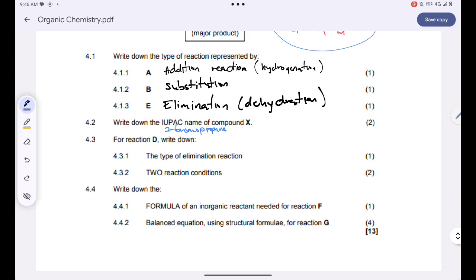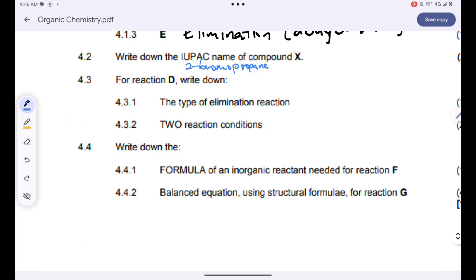I'm eliminating a hydrogen and a halogen. So this would have been dehydrohalogenation. Are you together?